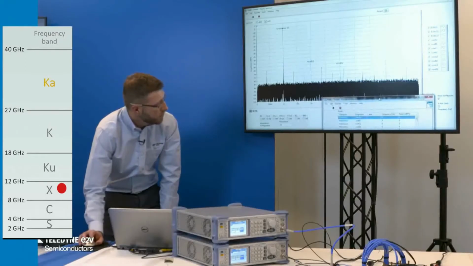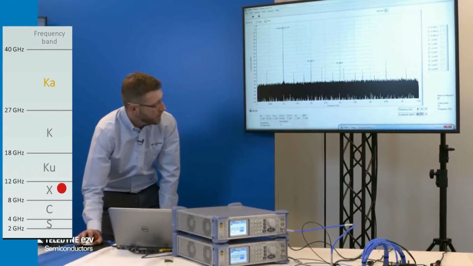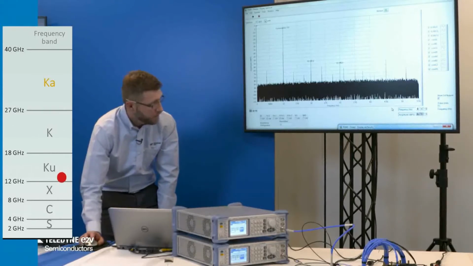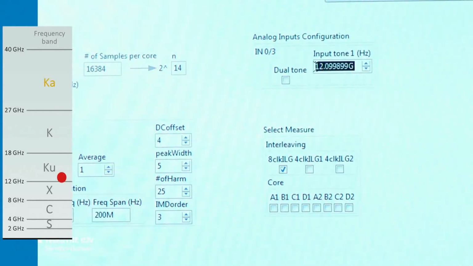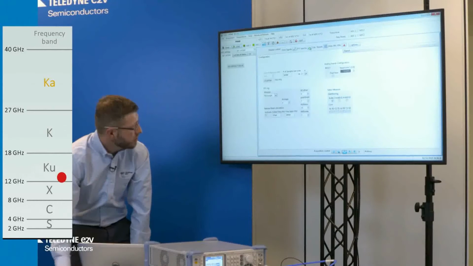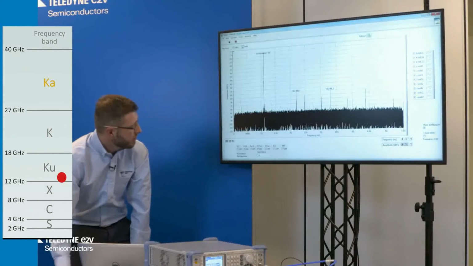Now let me move to a higher frequency in the Ku band. So in the Ku band, the input signal is here 12.1 gigahertz. The acquisition is launched. Here is the spectrum.